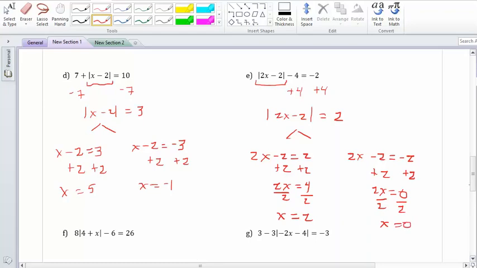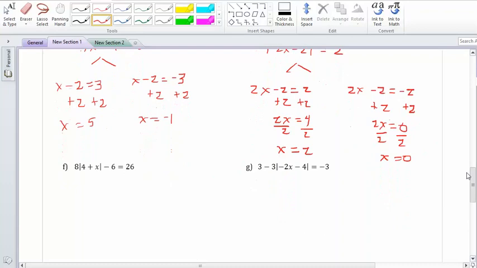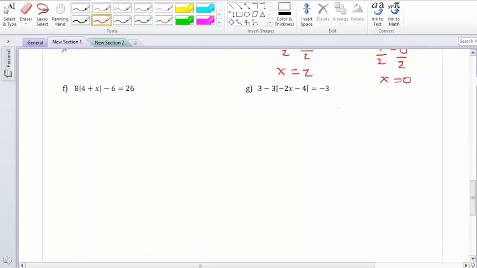Alright, so at this point we've done a couple different examples. We're going to step it up with these last two. We're going to take it to probably the most difficult that we'll look at in this set. And this, we have something being subtracted from the absolute value as well as being multiplied. But that doesn't stop us from doing what we're doing.